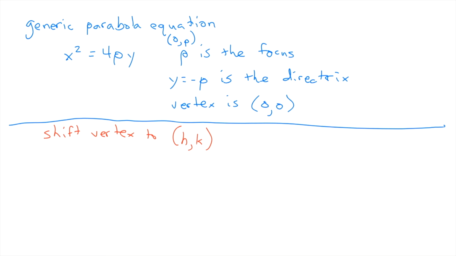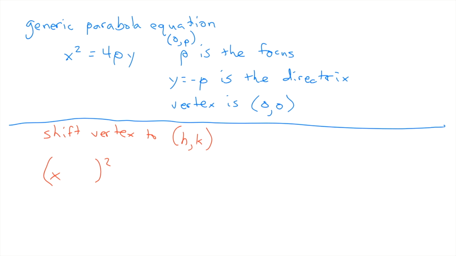So if we shift the vertex to HK, well, we added H to the 0. We added K to the 0. What does that mean in terms of this formula? Well, you'll see how this goes, you'll think, oh yeah, this makes sense. This is an X, and it's squared.